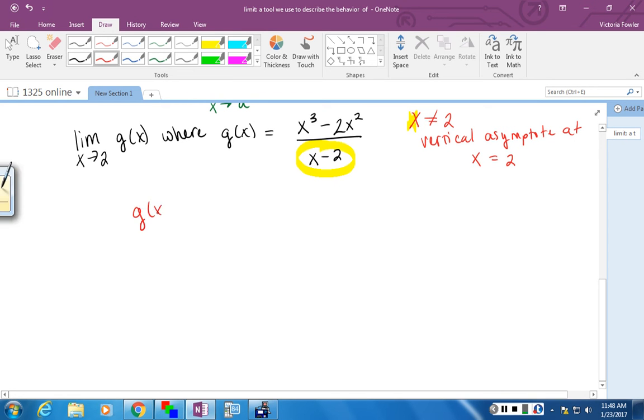So if I have g of x equals x cubed minus 2x squared, and I've already noted that x cannot be 2 in our domain, what I may begin to do is start factoring. And if I factor out an x squared from the numerator, I'll have the quantity x minus 2 all over x minus 2.